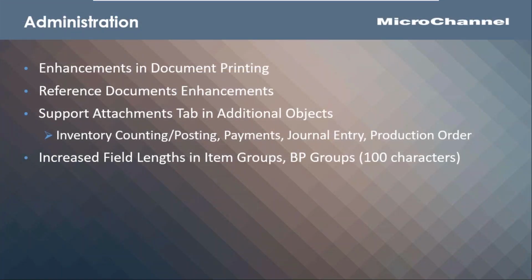All right, and then one of the very small but very important changes, which personally, in my time as a consultant, I used to bash my head against the wall on, and I'm pretty sure some of our customers out there would agree with me on this: SAP has finally increased the number of characters allowed in item groups and business partner groups as well.